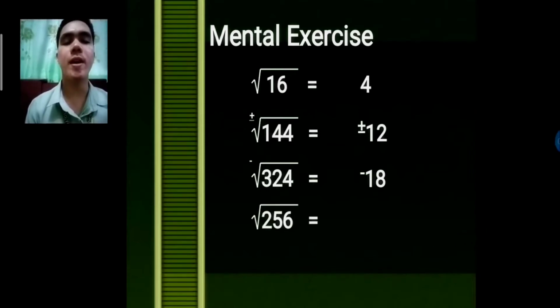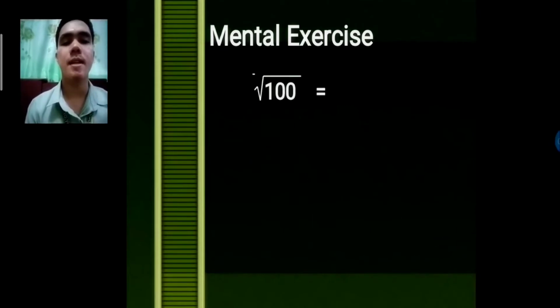Then, square root of 256, we have 16. Then, positive negative square root of 361 is positive negative 19. Okay, negative square root of 100 is negative 10.